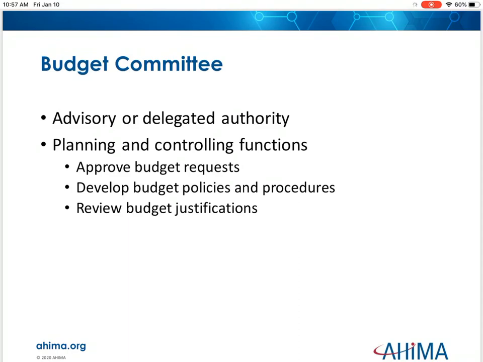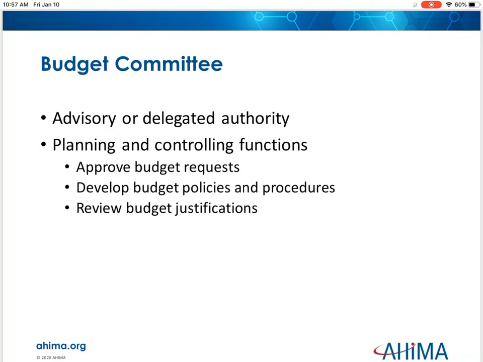Now, an HIM manager may be required to present a cost justification to a budget committee. So a cost justification is a rationale developed to support competing requests for limited resources. So again, we talked about how if there are 50 departments in a hospital, and I'm exaggerating there, but let's say you have 50 departments in the hospital and they all need something this year.